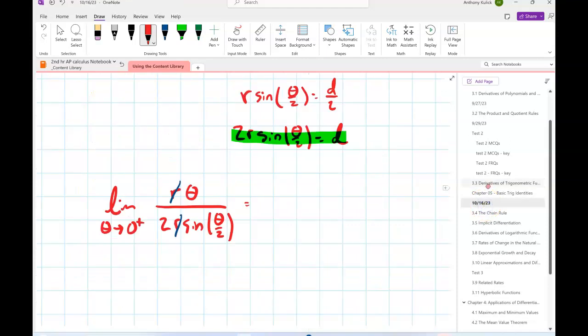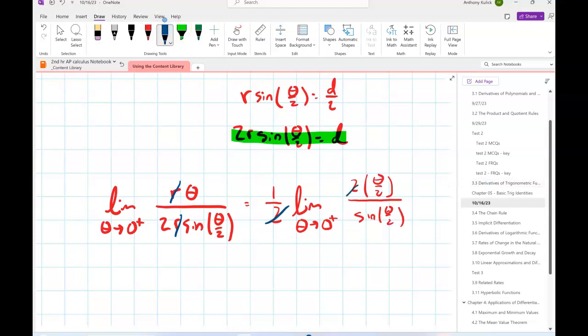So I'm still going to be using that. All right. So I'm going to pull that 2 out front from the denominator. And instead of thinking about theta, I need that to be theta over 2. So let's do that. Those will cancel. And now this is just 1.